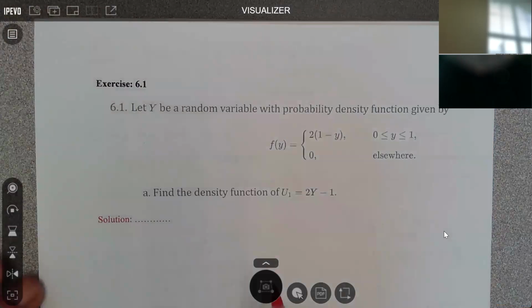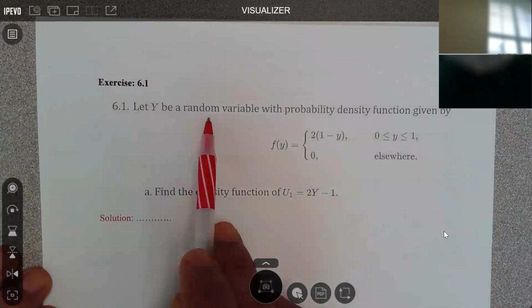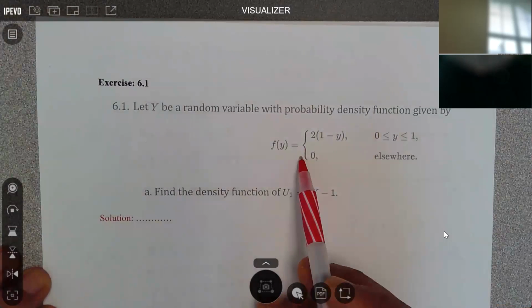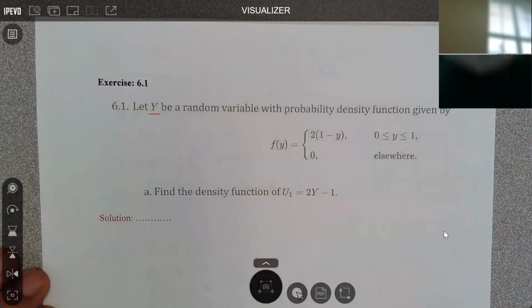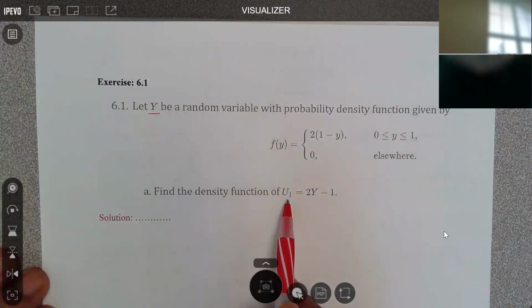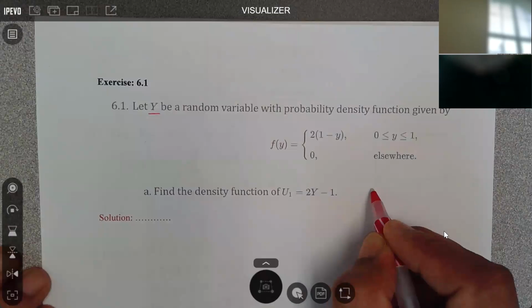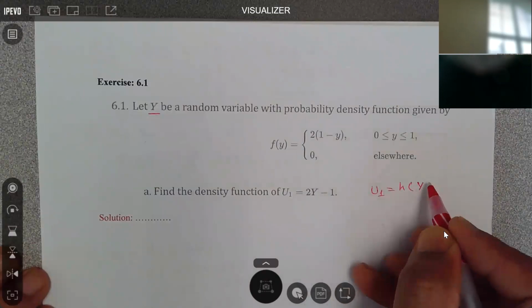This is the book exercise here. Let Y be a random variable with a probability density function given by this one here. So Y is the random variable, and we have the density function given here. Now we want to find the density function of the random variable U, which is a function of Y, right?